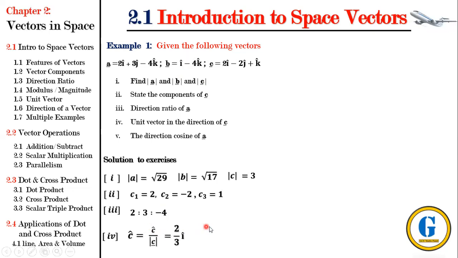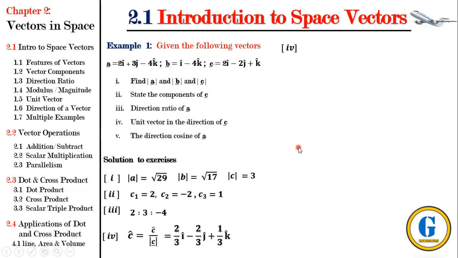So this will give us 2. Normally, we already know that for C, the absolute value or the modulus is 3. So we just have 2 over 3, minus 2 over 3, 1 over 3. All right, because the absolute value of C here is 3. So we just replace it here. That's why we have this one like this.